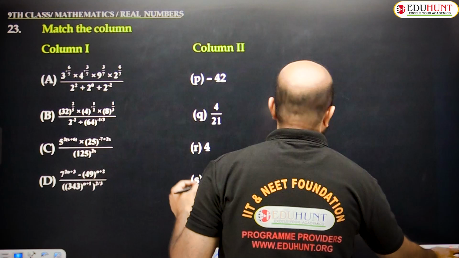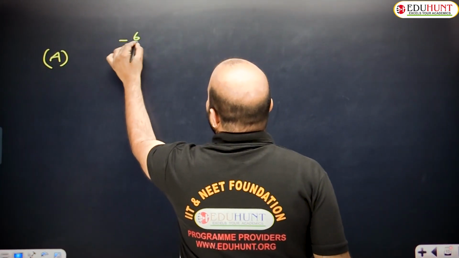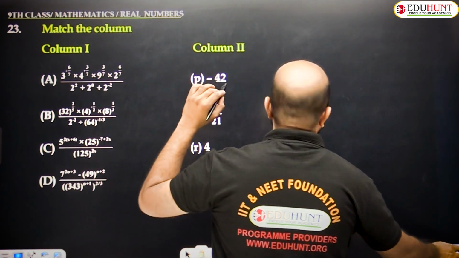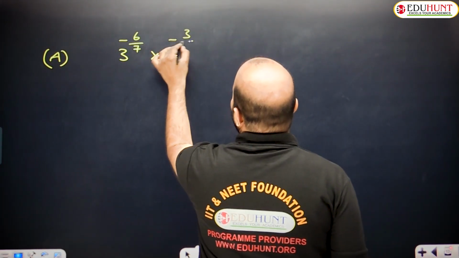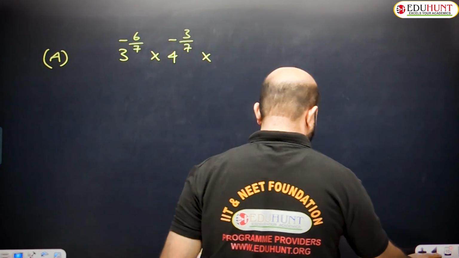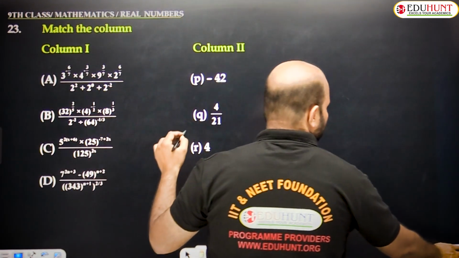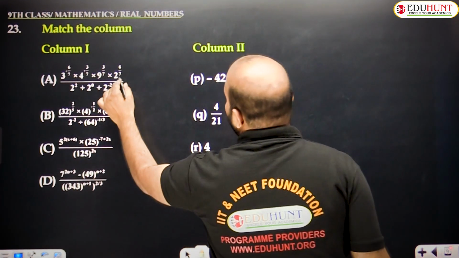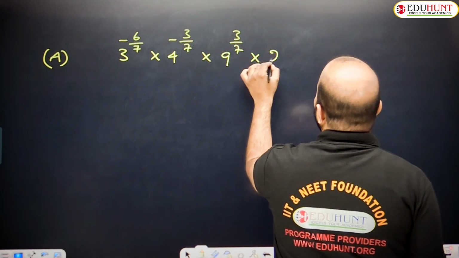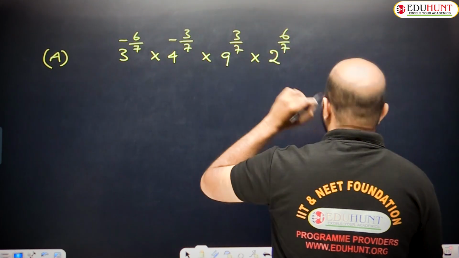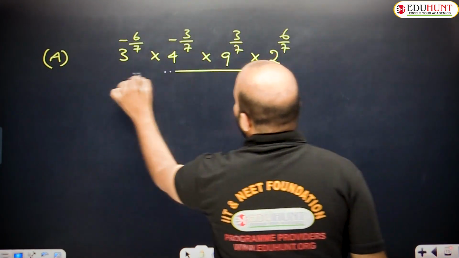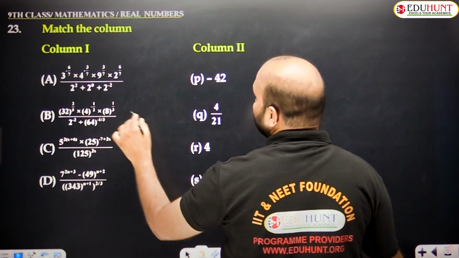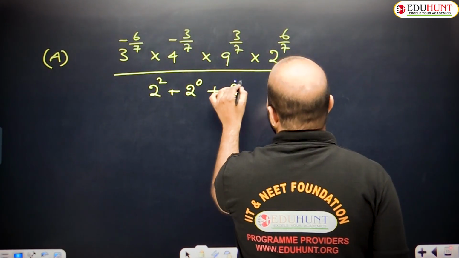3 power minus 6 by 7 into 4 power minus 3 by 7 into 9 power 3 by 7 into 2 power 6 by 7, whole divided by 2 square plus 2 power 0 plus 2 power minus 2 is given.